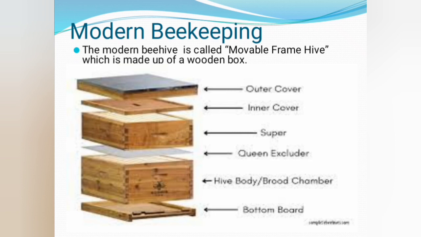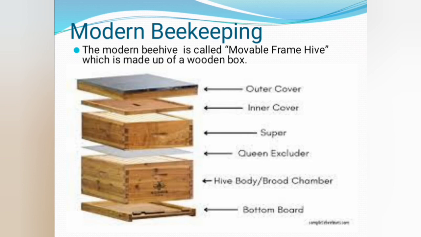In between the brood chamber and the super chamber, there is a queen excluder. This queen excluder restricts the entry of the queen bee from the brood chamber to the super chamber. The principle is that the queen excluder has open cells with space only for the entry of the worker bee.